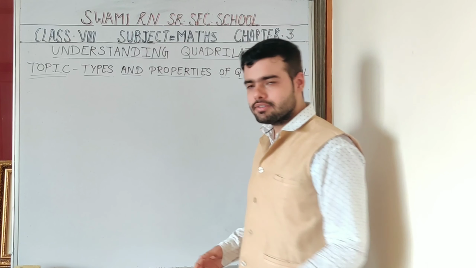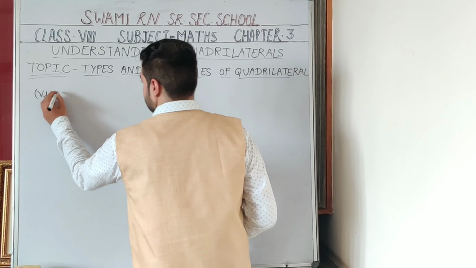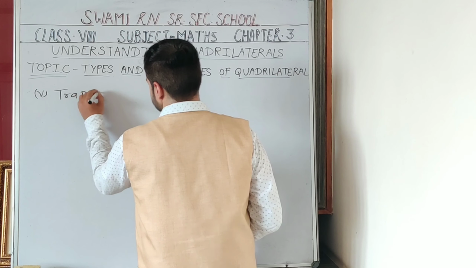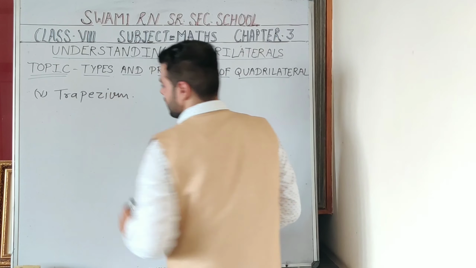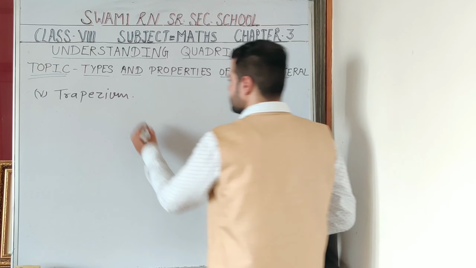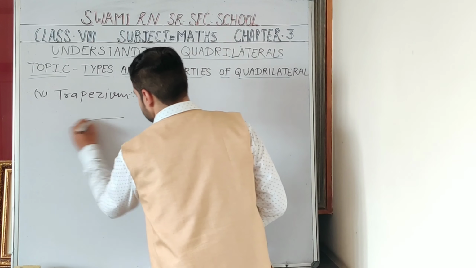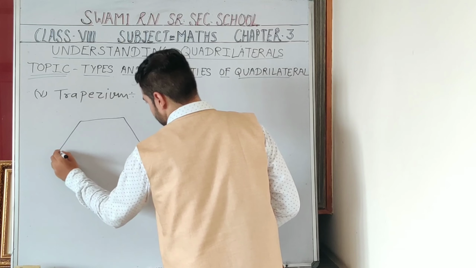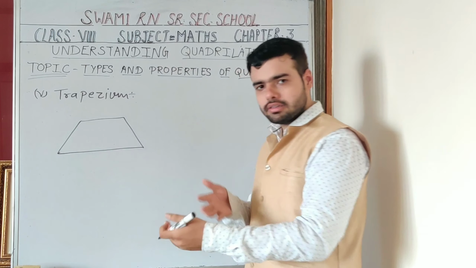Now we will take the fifth part, that is trapezium. Okay, now let me discuss the trapezium. What is it? That is also a four-sided figure, but it is different from all the other figures.